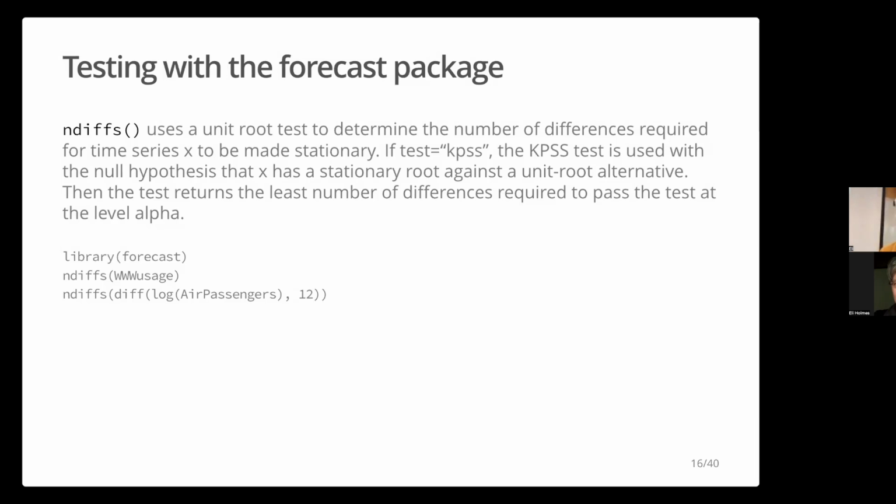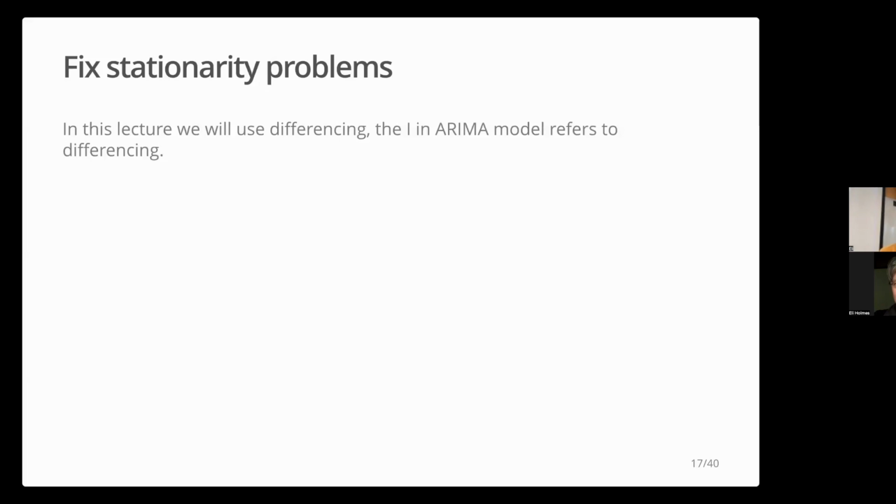So it's pretty easy. Just do ndiffs in forecast. It'll run both of those. You can try both tests and see, does it pass one of them and not the other? If you run into that situation where it passes the Dickey-Fuller but not the KPSS, then it's sort of borderline. If you're really concerned, you might want to do a second difference to be absolutely sure.